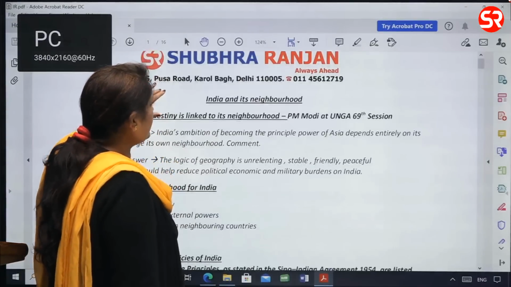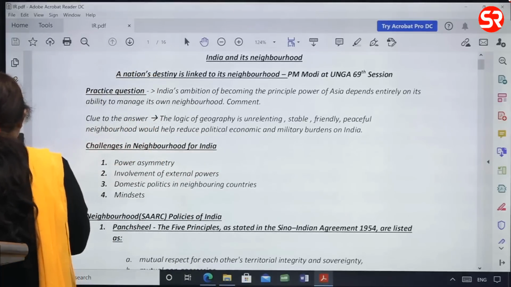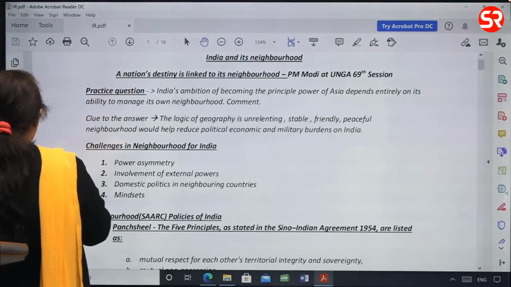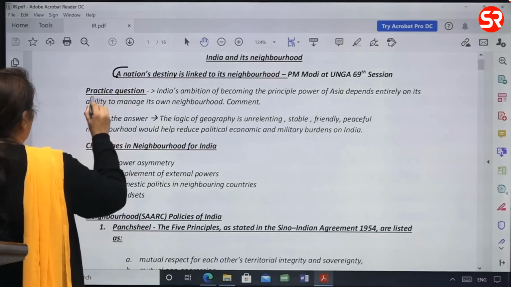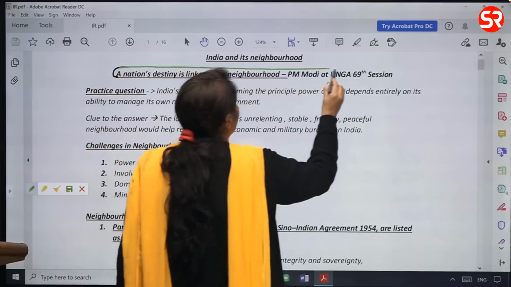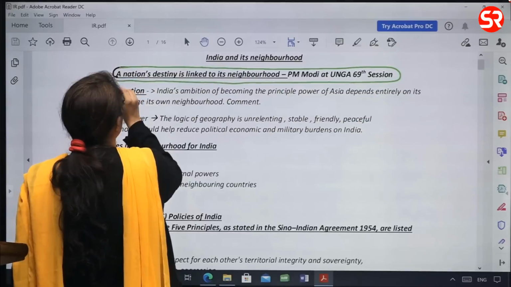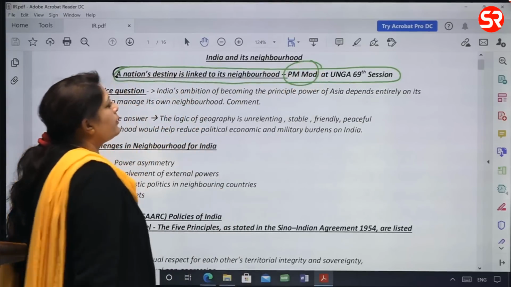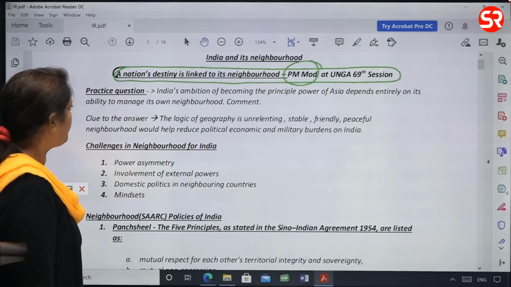India and its neighborhood. Fine. A nation's destiny is linked to its neighborhood. You can remember this quote for some cherry points, from PM Modi at the UN General Assembly.